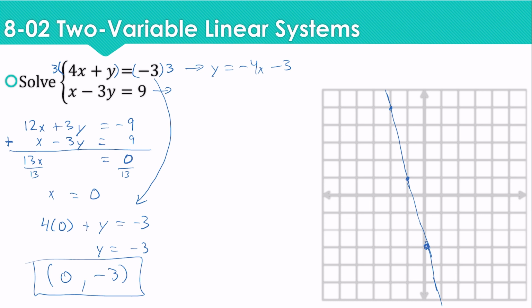The other equation, if I solve it for y, we'll subtract the x first, and then divide by -3. So it'll be 1/3 x minus 3. So we start at -3, go up 1 over 3.